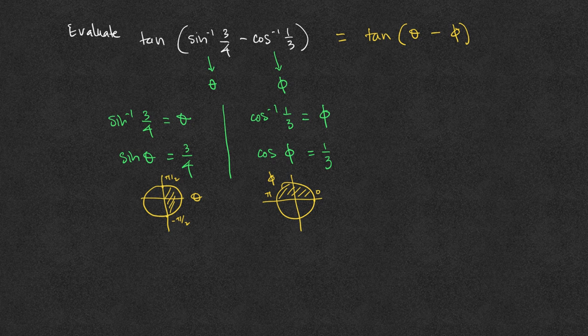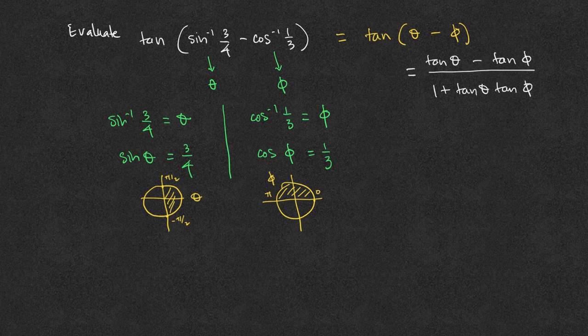To do that, we will use the difference angle formula for tangent, which states that tangent of the first angle minus the second angle is tangent of the first angle minus tangent of the second angle over 1 plus tangent of the first angle times tangent of the second angle.